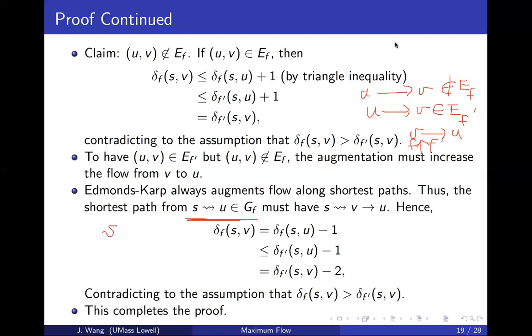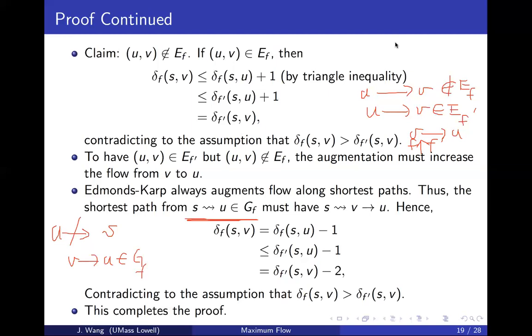We know that the U to V edge cannot be on this path in GF. So if V is on this path, then V has to be in GF, right?